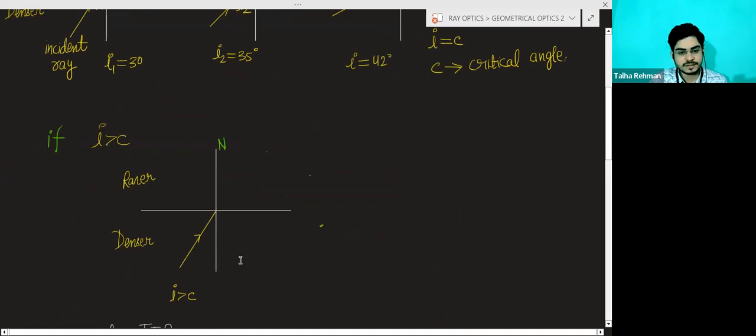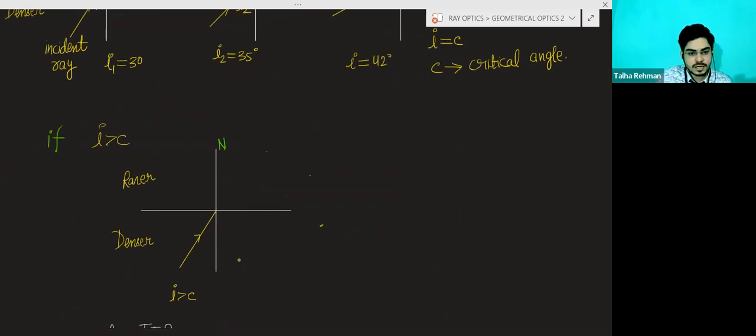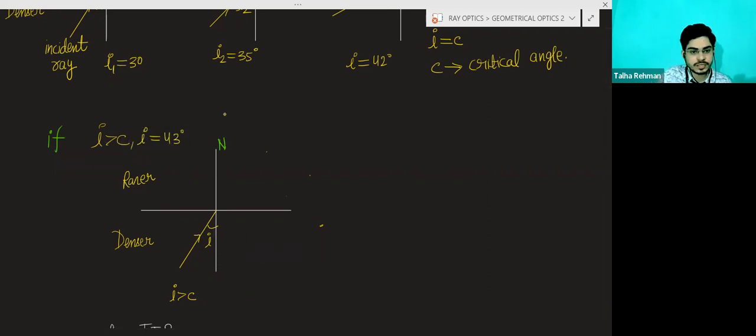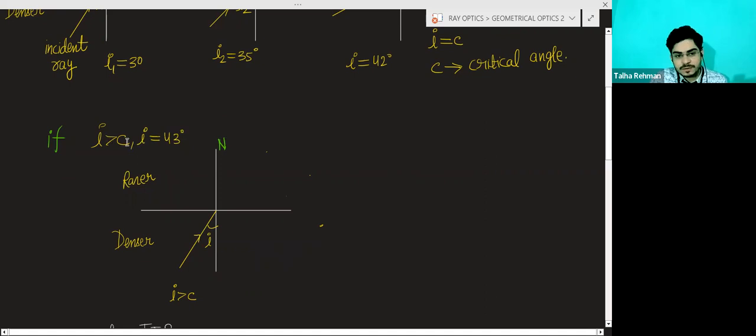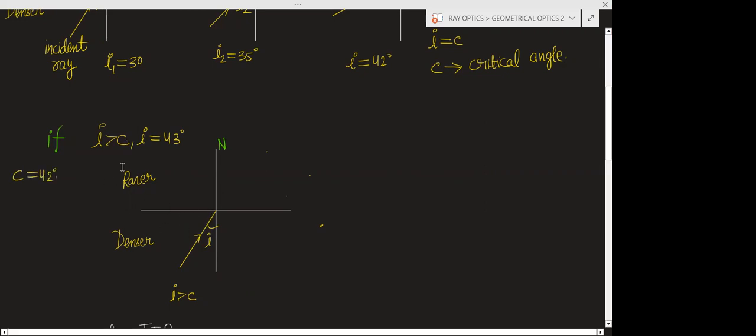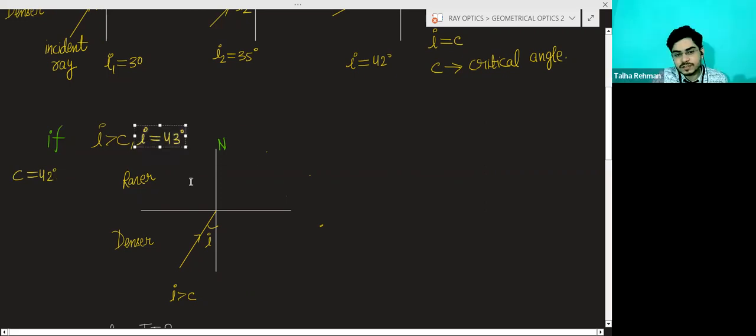Now further you increase the angle of incidence. Suppose the angle of incidence I is increased to 43 degree.